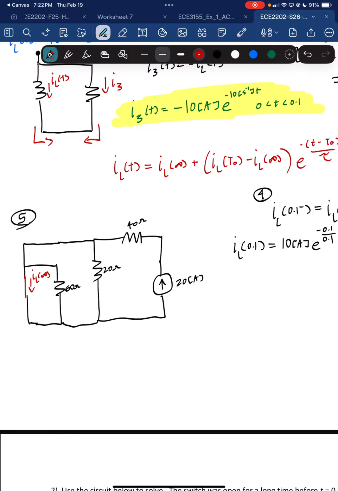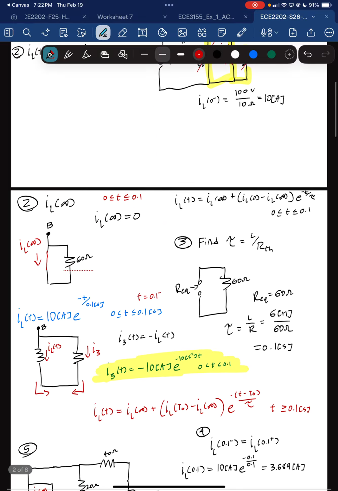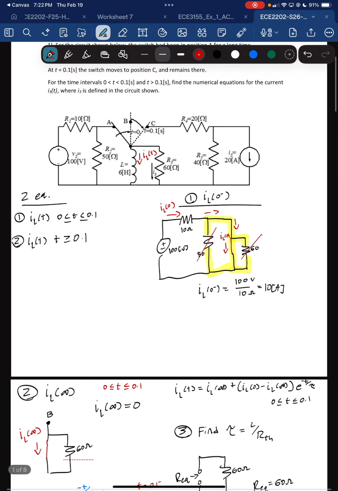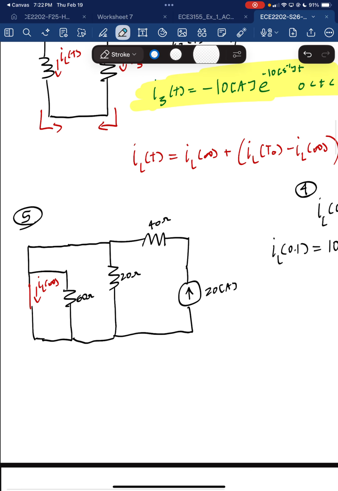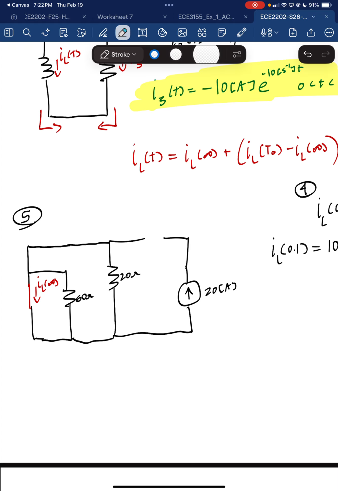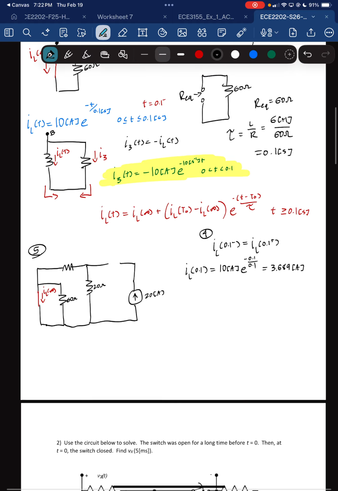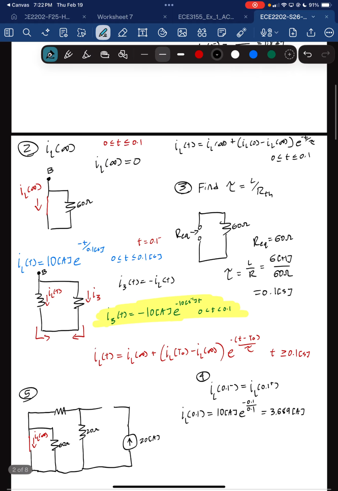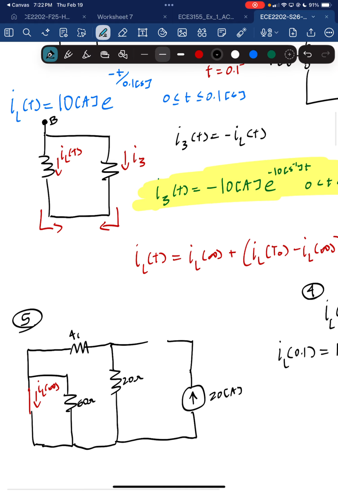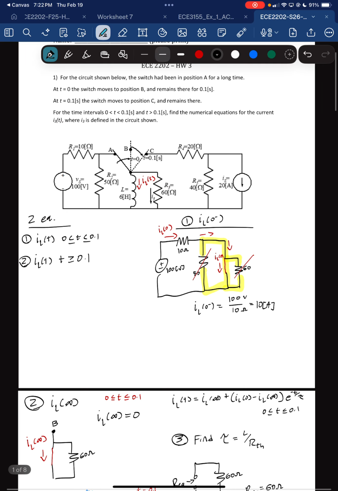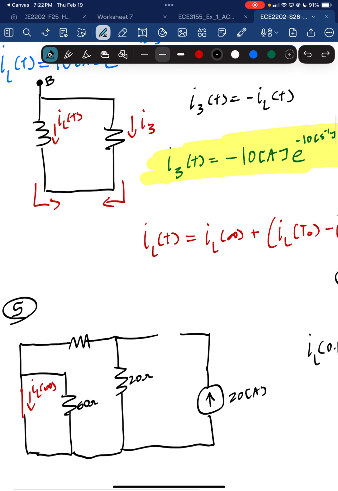Quick question. I think you may have drawn that one a little wrong. The 20 is supposed to go down, and the 40 is on yours. You're totally right. Thank you. Wait, no, that's 20 ohms, and that's 40 ohms.